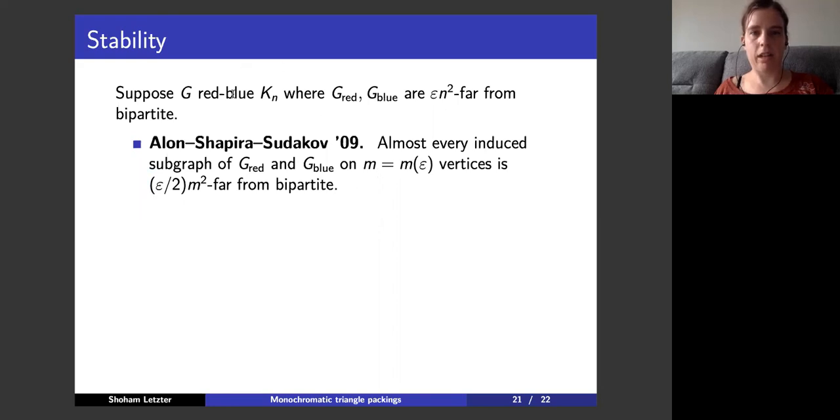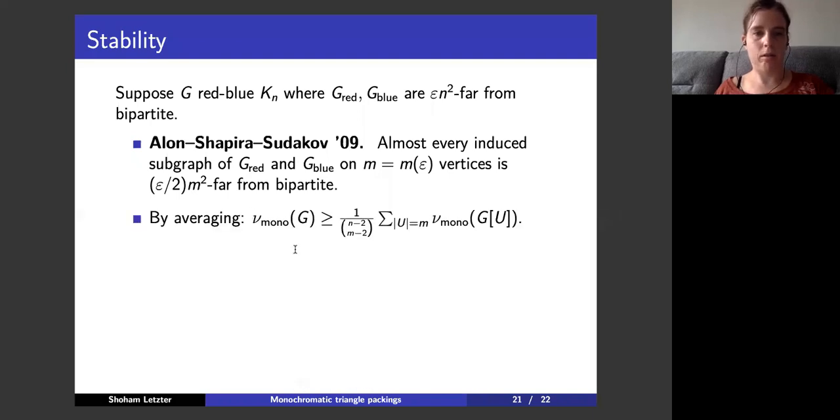So again, if I sample some smallish number of vertices from this G, then since both the red and the blue graph are far from bipartite, both red and blue graphs in the sample will again be far from bipartite. Now I'm going to use this averaging trick again.